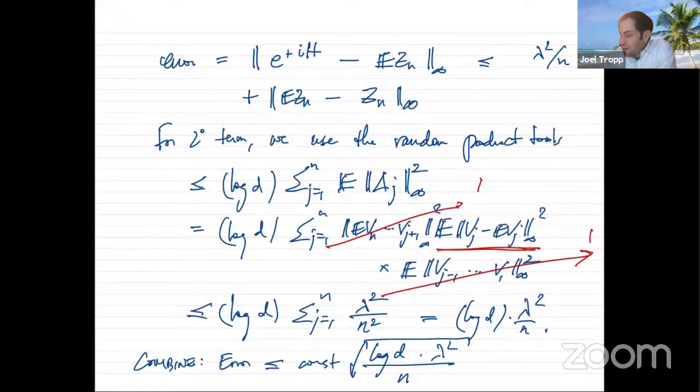And using these tools from the theory of matrix martingales and uniform smoothness, we can very easily obtain a simple bound on how well this random product formula approximates the true unitary evolution. And at least in some settings, these random product formulas are super efficient as compared with deterministic product formulas. And so they may have some potential in quantum information science.